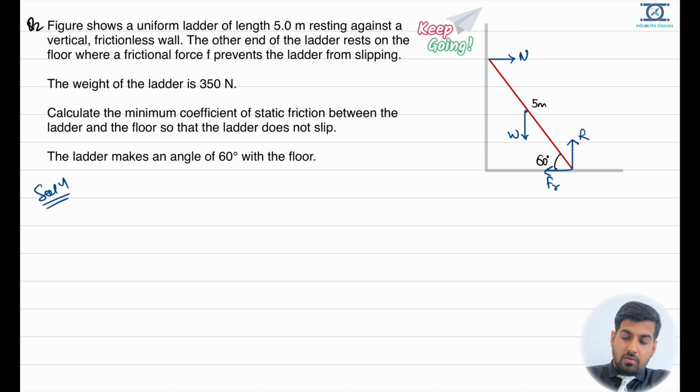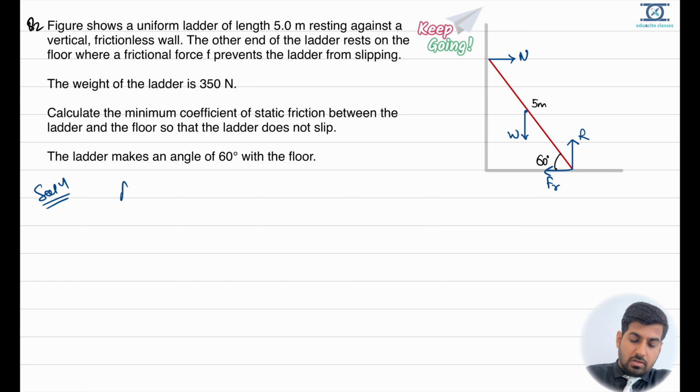Okay, now what we can do is, again we have to calculate the minimum coefficient of static friction between the ladder and the floor, so that the ladder does not slip. The angle is 60 degrees. Now if you look at the horizontal forces, the forces in the horizontal and the forces in the vertical are balanced.